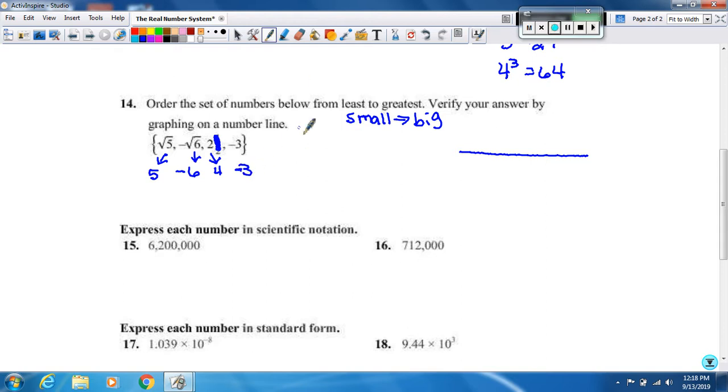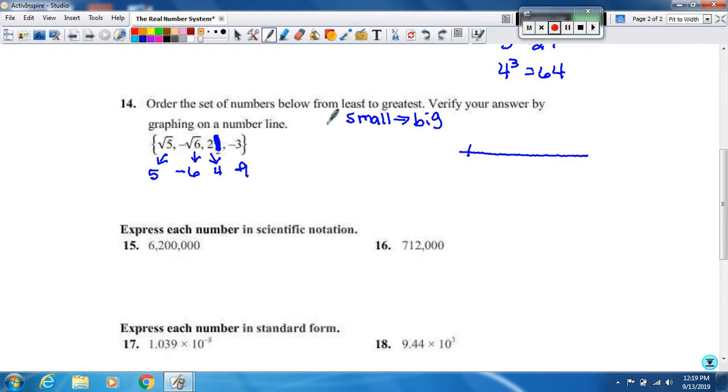That one's already done. Actually, no, it's not. You got to make it radical. So 3 times 3 is 9. Okay, so here's what you want to do. You want to start with the negatives. You want to start with those first, and the one that looks the biggest is actually the smallest. So you want to do -9 first. Wait a second, you got to make it look like the original problem.